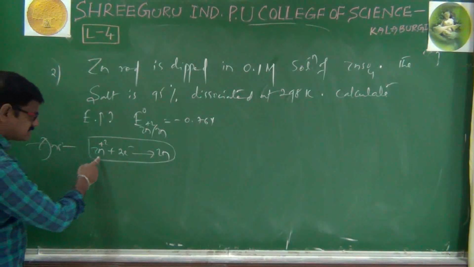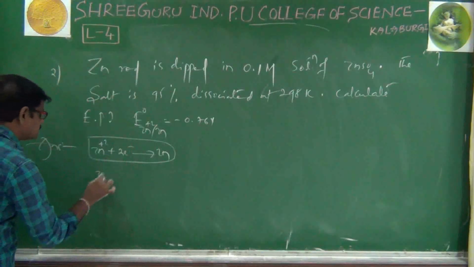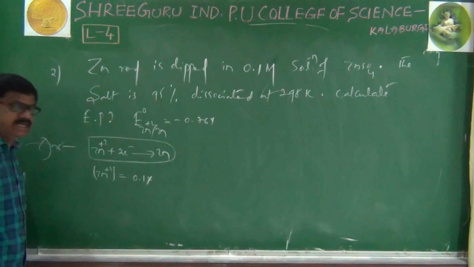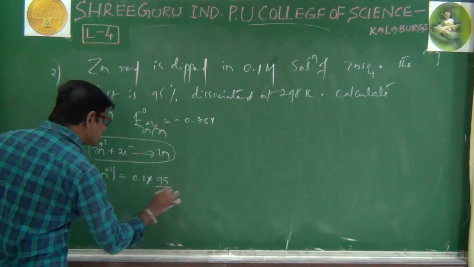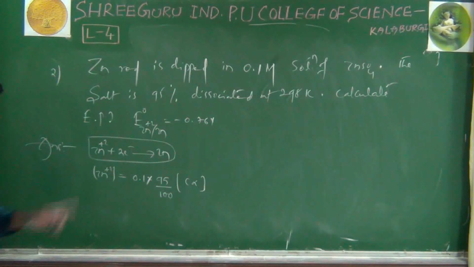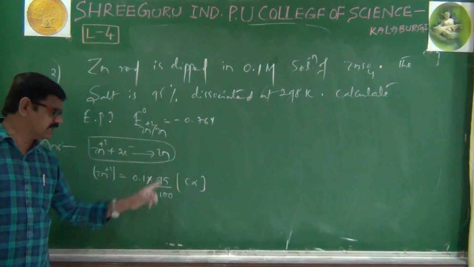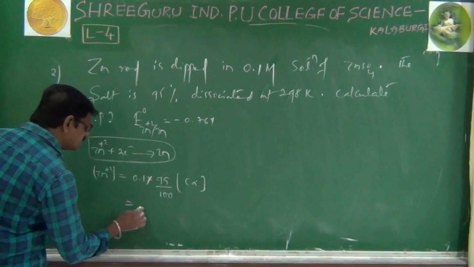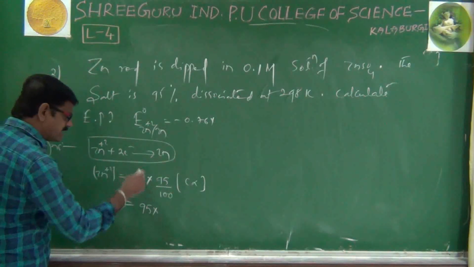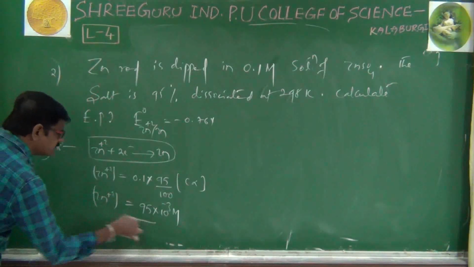Then Zn2+ concentration is 0.1 into 95 by 100, since it is only 95% dissociated. This is the C alpha formula. If it were 100% dissociated, 100 by 100, the same 0.1 would be there, but it is just 95 by 100. If you simplify, you will get 95 into 10 to the power of minus 3 molar.